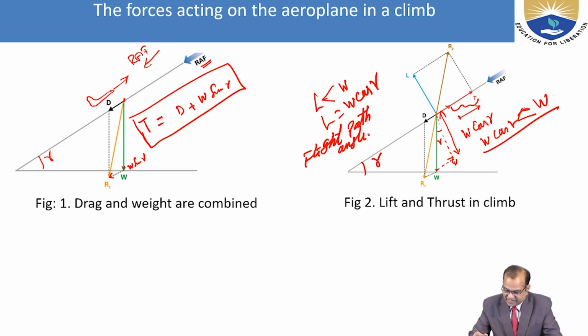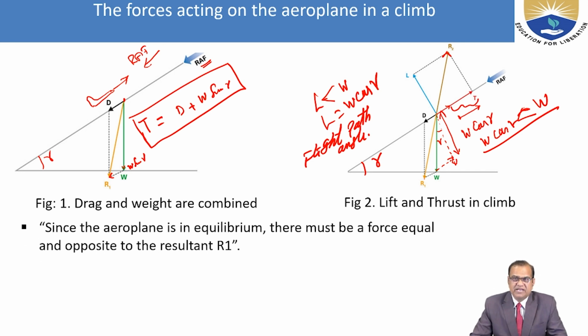So if you see here, this is the lift, and this is the thrust. We need a reaction, R2, which is supposed to be equal to this. In this way, these are the forces acting on the aircraft during climb.